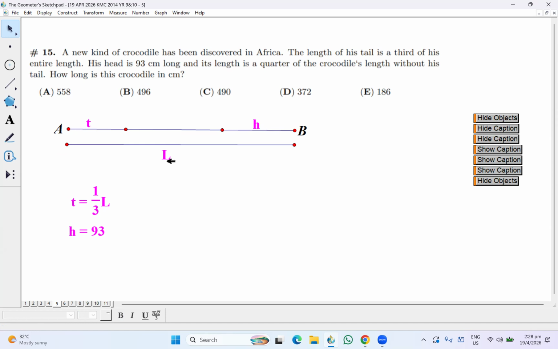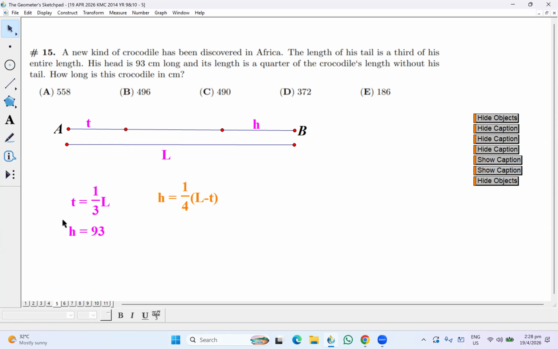Its length is a quarter of the crocodile's length without its tail. Crocodile without its tail will be L minus T. So the head is a quarter of the crocodile's length without its tail. Our aim is to find how long is the crocodile, find L. Now we already know H is 93. This is what you must do: you study the equation first.